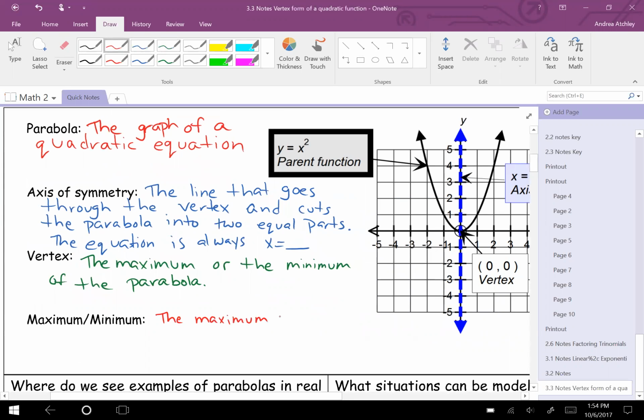The maximum is the vertex when the parabola faces down. Okay, because when it faces down, that's going to be the highest point your parabola will go.